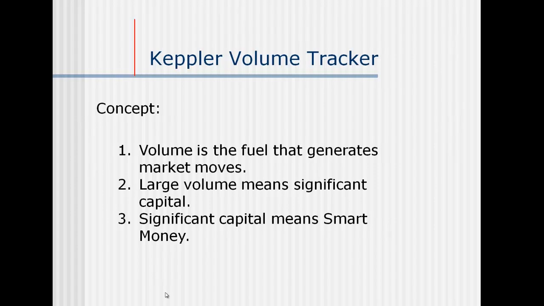Now, having capital alone doesn't make them smart, but it's the resources that are available to them and the information that's available to them upon which they act. That is what is often significant and is not available to other smaller participants in the market.